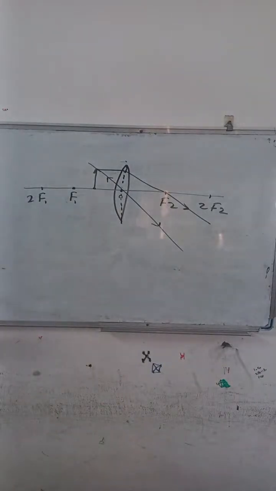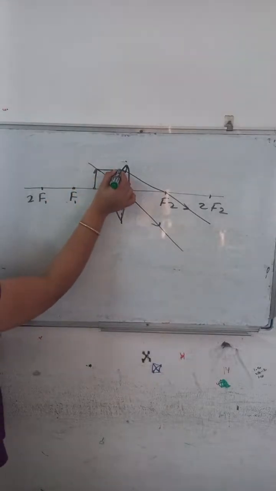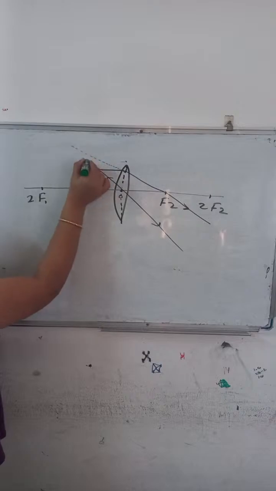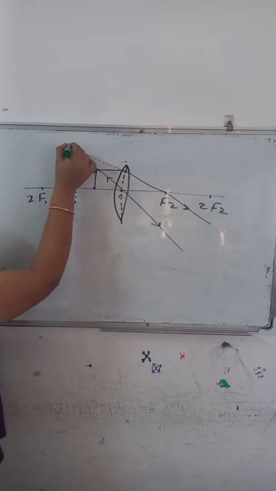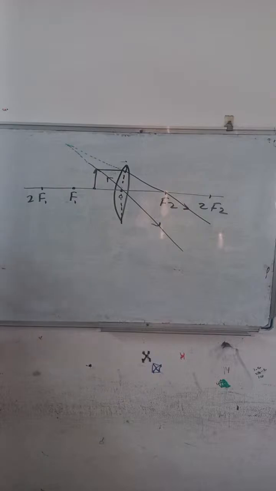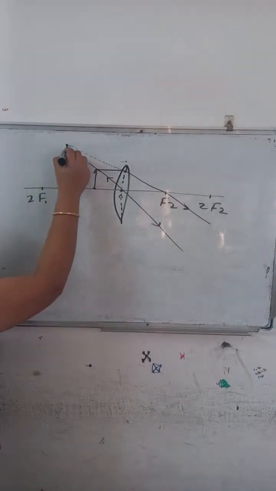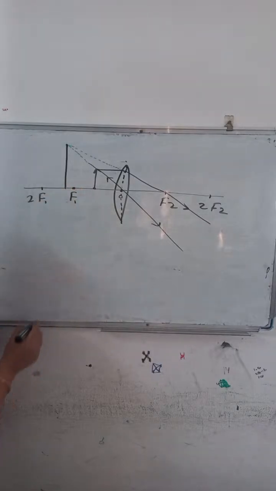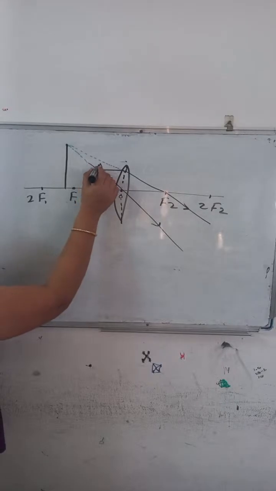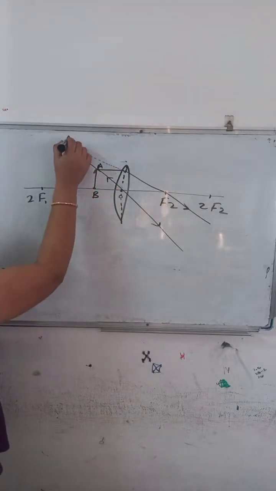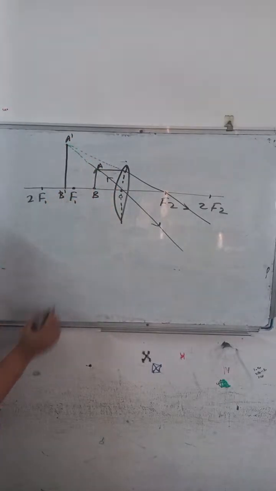So in this case, what we have to do? We have to extend these rays in the backward direction. Somewhere while retracing in the backward direction, they both meet or intersect. From the point where they intersect, you have to draw a perpendicular on the principal axis, so that you will get the image. Suppose this is A and B, so this is your A dash and B dash.